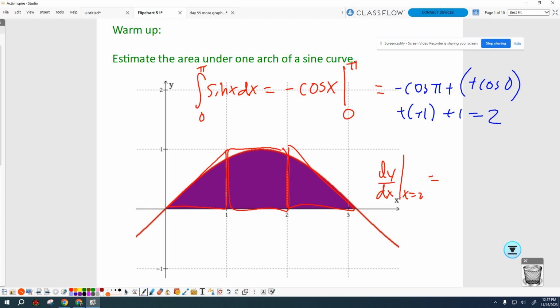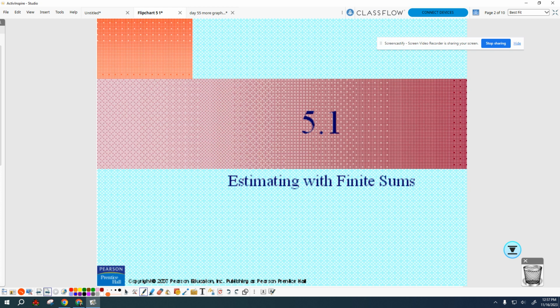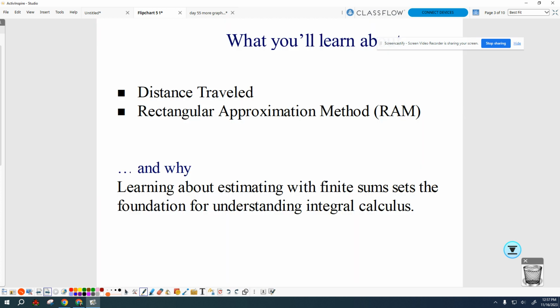All right, so today we're going to be estimating these areas under the curve, and we're going to do that with lots of rectangles. Rectangle approximation method. We're going to take those curvy things, draw rectangles in them and find the areas of rectangles. Asher, what's the area formula for a rectangle? Length times width, base times height.